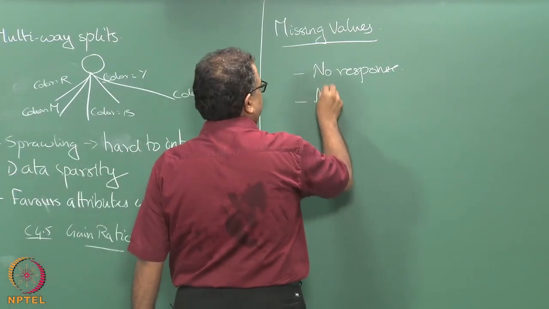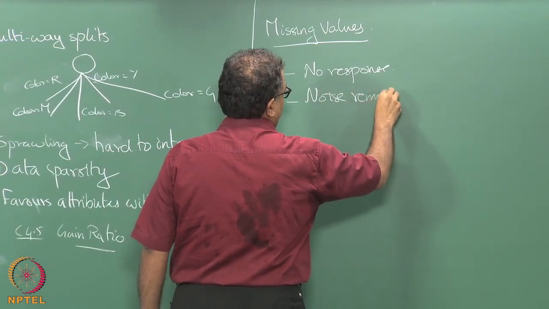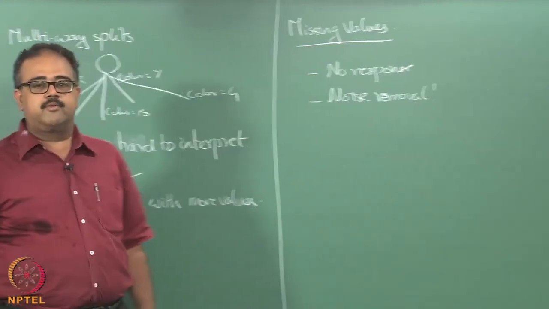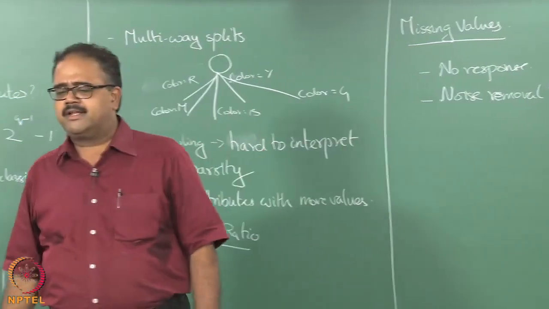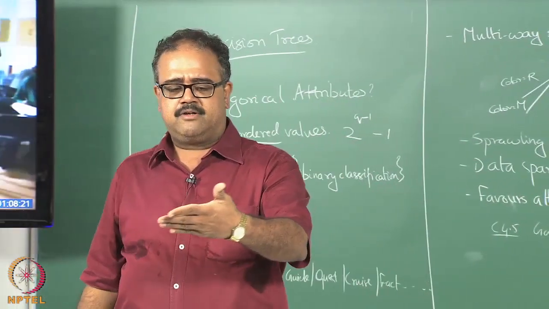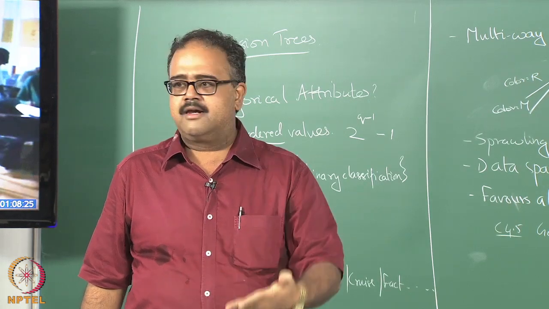The other could be due to noise removal. What do I mean by that? I look at my patient record data, and I find that somebody has a temperature of 223. So obviously there is some noise there.